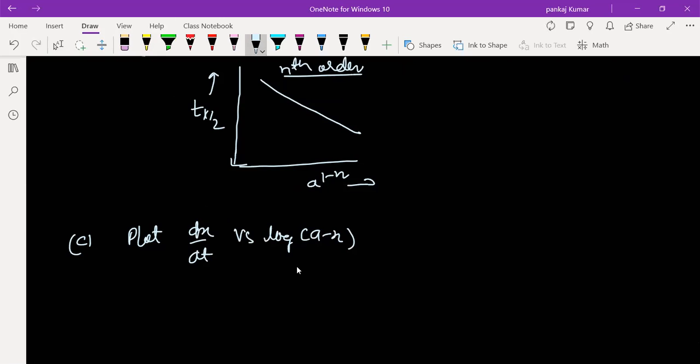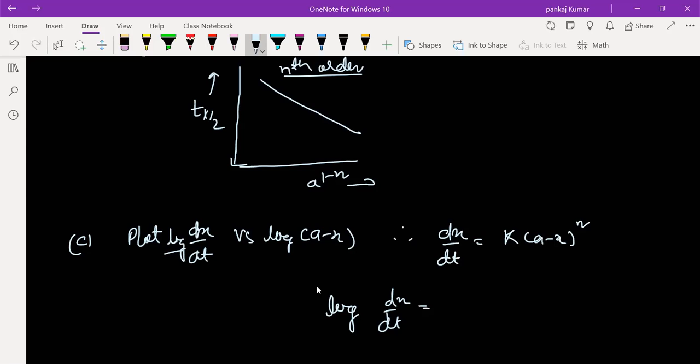Here we can write dx by dt is equal to k into (a minus x) to the power n. So this will be log only, correct, this is log dx by dt.